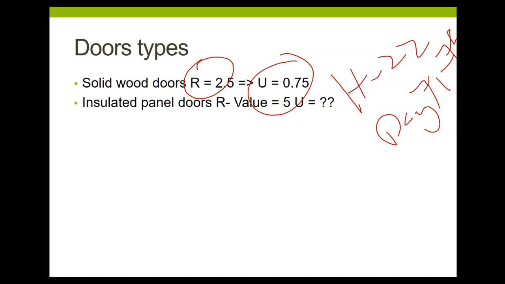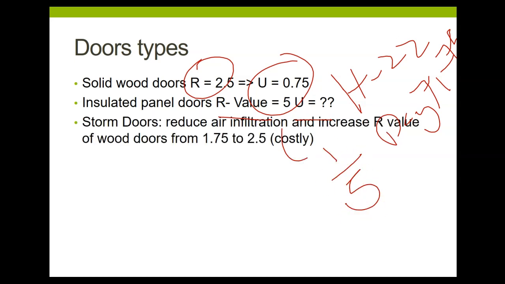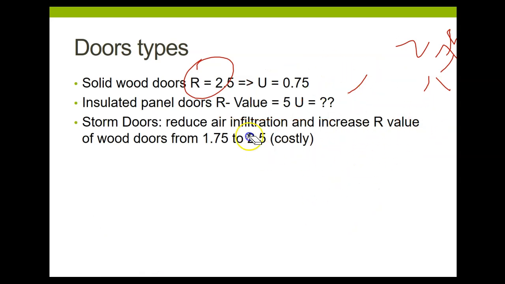So for insulated door panels, usually you get the R value, and from the R value you can find the U value. In this case, it will be 1/5 for the U value. Storm doors. What are storm doors? Storm doors are a really great idea, because they provide segregation between the main door and the second door.